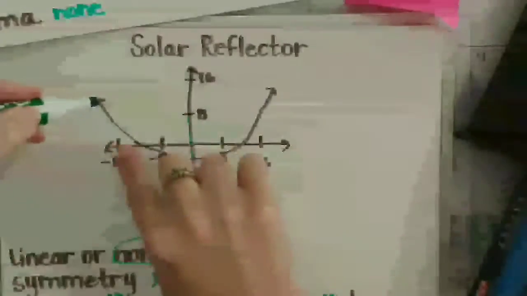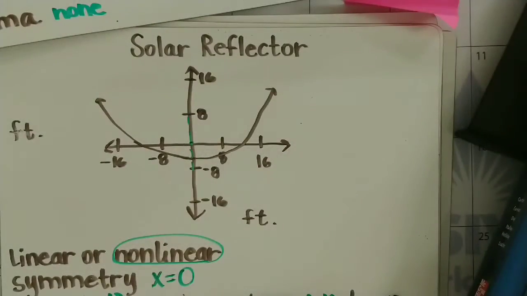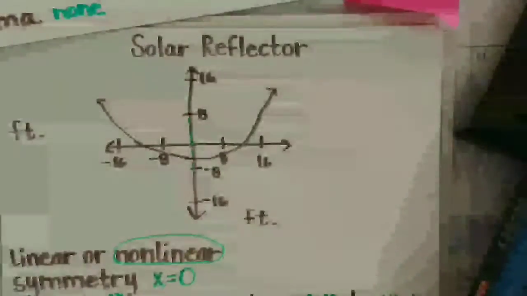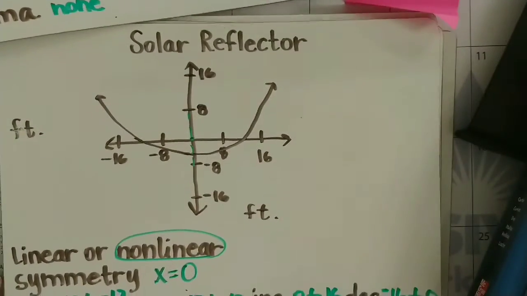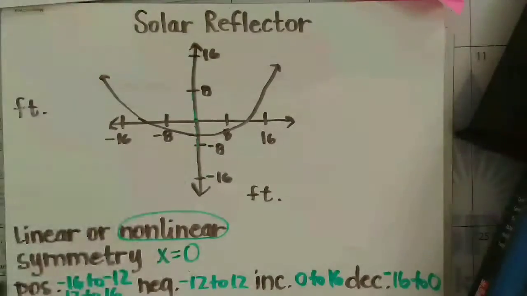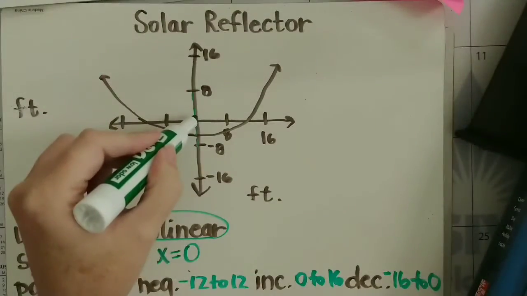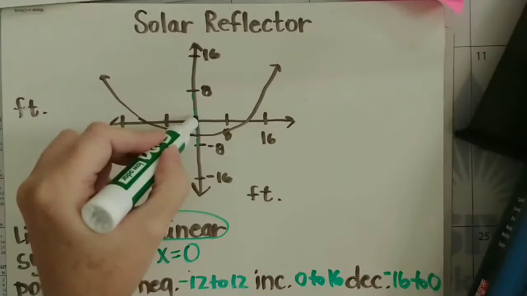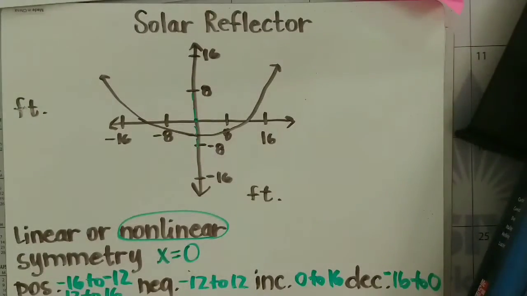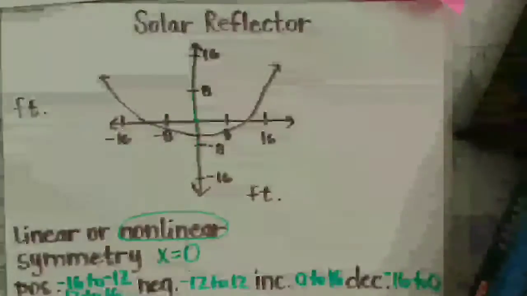Again, use your x values from 16 to 0. Actually, -16 to 0. Do we have any extrema? I believe we have a valley right here. Remember to use your x values to describe where that valley is, and it is at x equals 0.